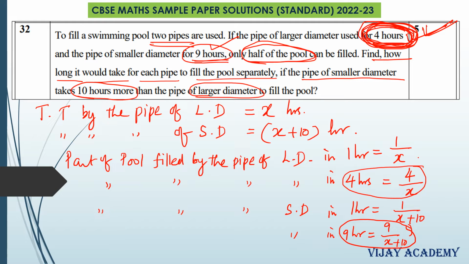So part of the pool filled by one pipe used for 4 hours is 4 by x, and the other pipe used for 9 hours fills 9 by x plus 10, and both together fill half of the pool.